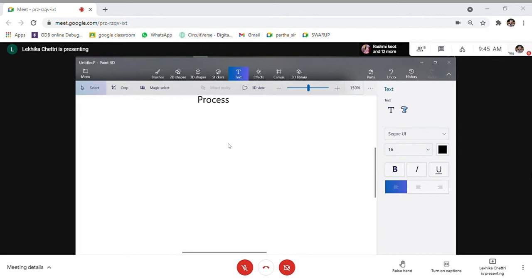When a program is put into execution, that is when we call it a process. The moment I close this window, this process will come out of the CPU and the main memory, and it will be stored somewhere in your system. Then it is called a program.